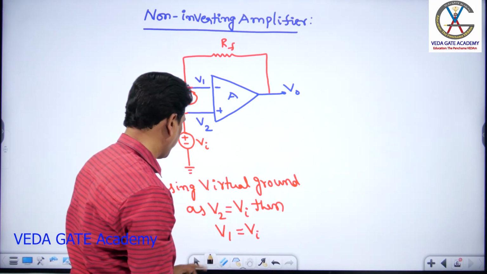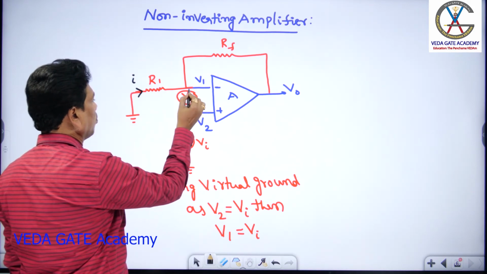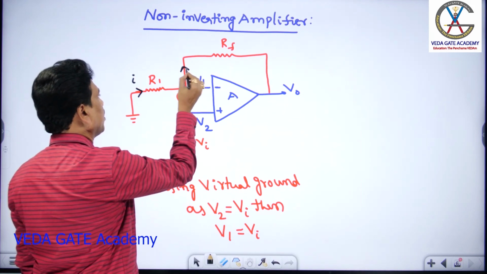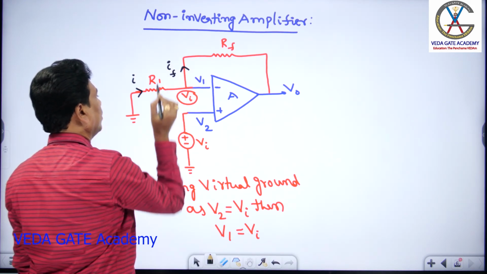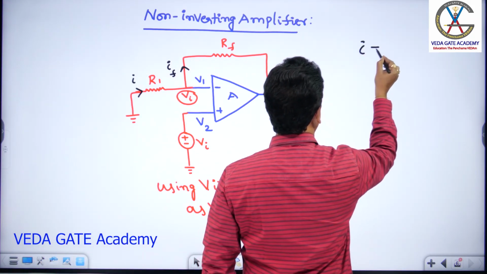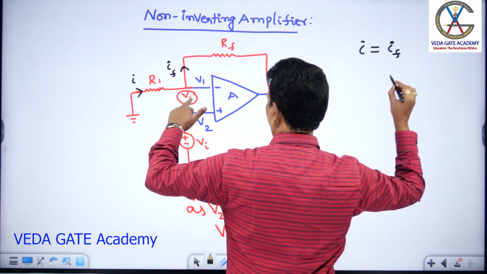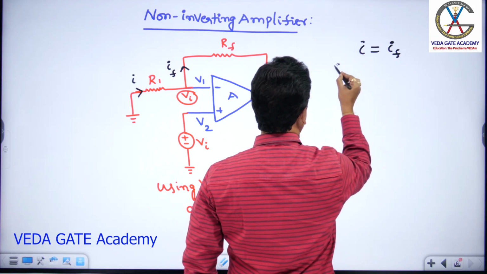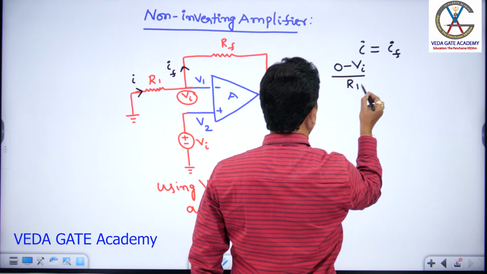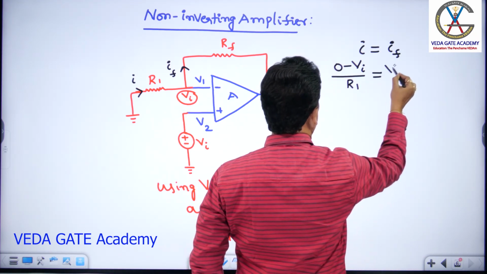Now I indicate the current flowing in this branch as I, and you know that ideally negligible or no current flows into the op amp. Now the current in this feedback path is IF. Again, like the inverting case, I equals IF. So one node is 0, the other node, using virtual ground, is Vi, then 0 minus Vi by R1 equals IF, that is Vi minus V0 by RF.